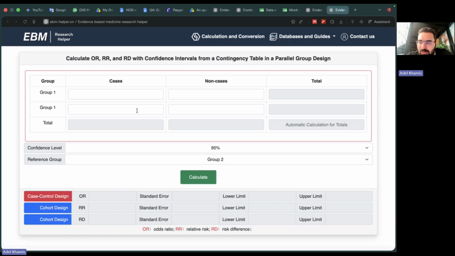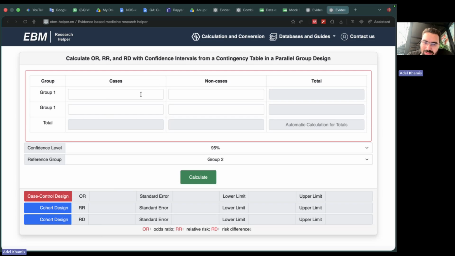Let's say comparing in a cohort or a case control study the effect of stroke and delirium, for example, or any psychotic syndrome and stroke.